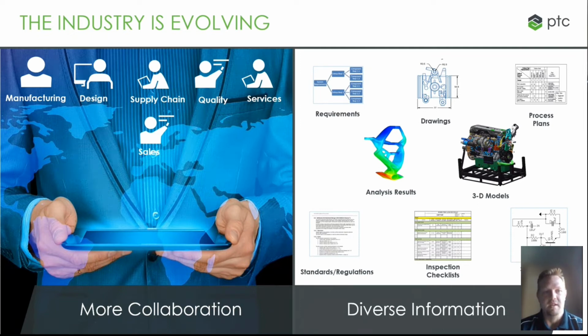It is not getting less, and the information is not always from a single system, and it's often supplied and consumed by more than one department. This information needs to be shared and accessed in real time and accurately across the entire organization. This includes sales, design, quality, manufacturing, services, among others. This is exactly where Navigate fits in, allowing organizations to collaborate and evolve with each of these industries' requirements ahead of the curve.